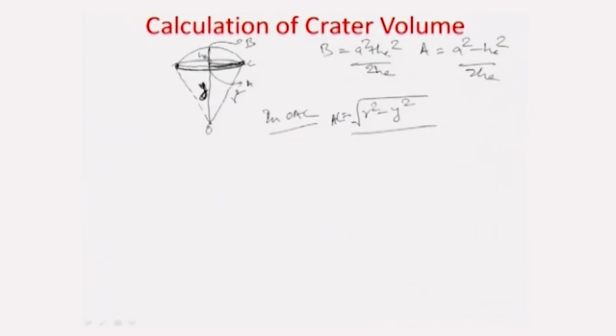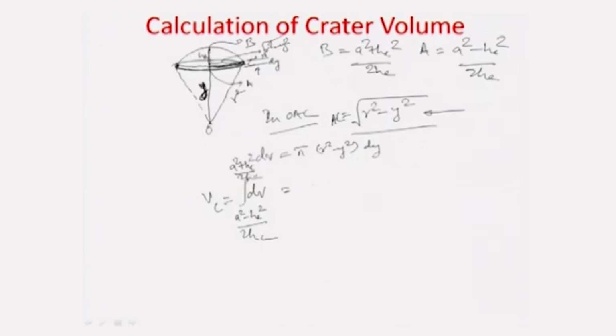And therefore, if the radius of this small cylinder is given by the root of r square minus y square, the total volume dV that the cylinder would have is pi times (r square minus y square) times dy, where dy is this small length here, okay. The integral of dV for the crater is from point A, that is (a square minus hc square) by twice hc, to the point B, (a square plus hc square) by twice hc.